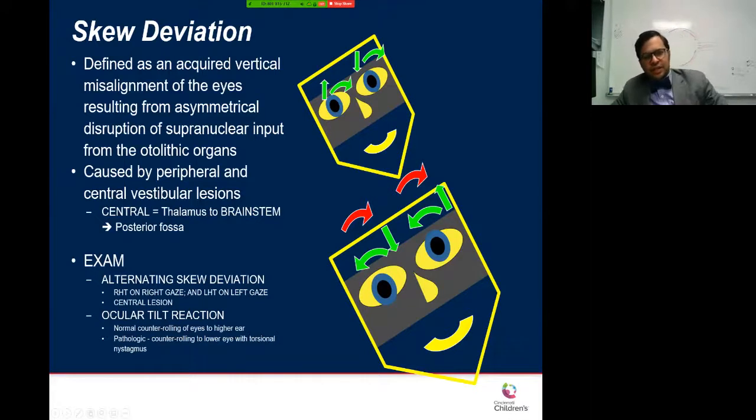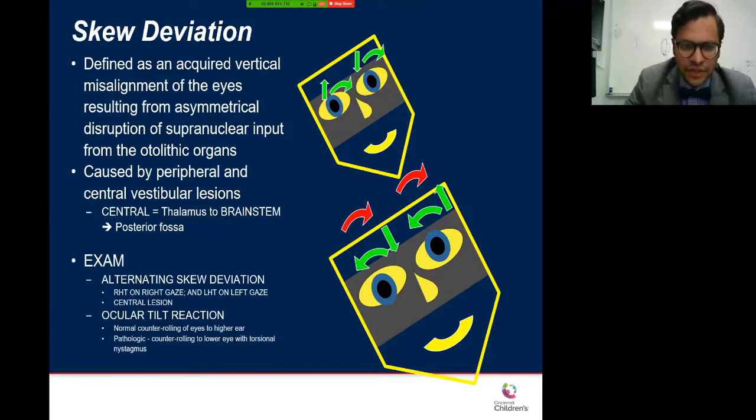However, pathologically, if they have abnormal vestibular inputs, you're actually going to see a counter roll to the lower ear. They should be rolling up this way, but they're actually rolling downward to the lower ear. That's an ocular tilt reaction, and it can also be described with skew deviation.